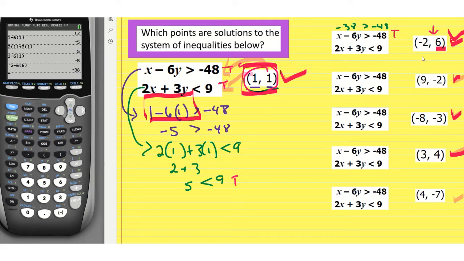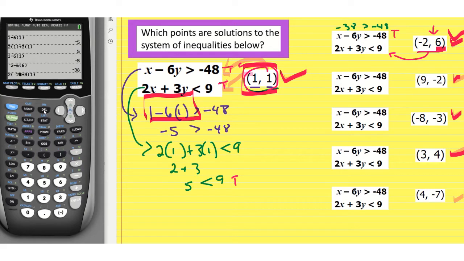Okay, so now we're going to test this point in the second equation. Again, over on my graphing calculator, I'm going to go up arrow, and you'll notice this equation. I'm going to push enter, and that is my second equation, 2x plus 3y. But that was for the first point, and I want to test negative 2, 6. So I'm going to backspace over here, and put second insert, negative 2.